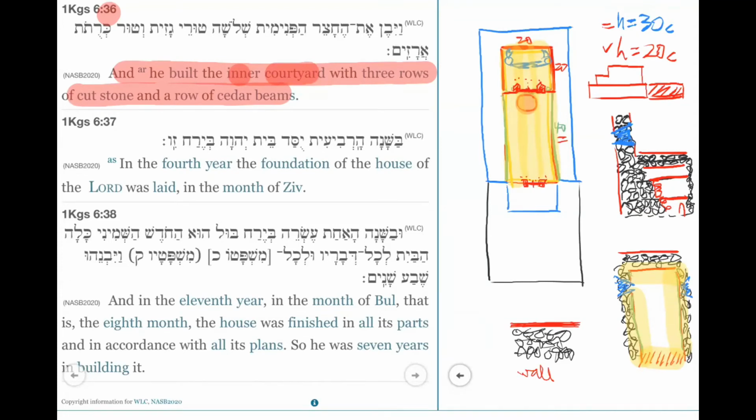So this would be how we think the temple will look like from a side profile. Now, not a whole lot of details, but we have to imagine it.